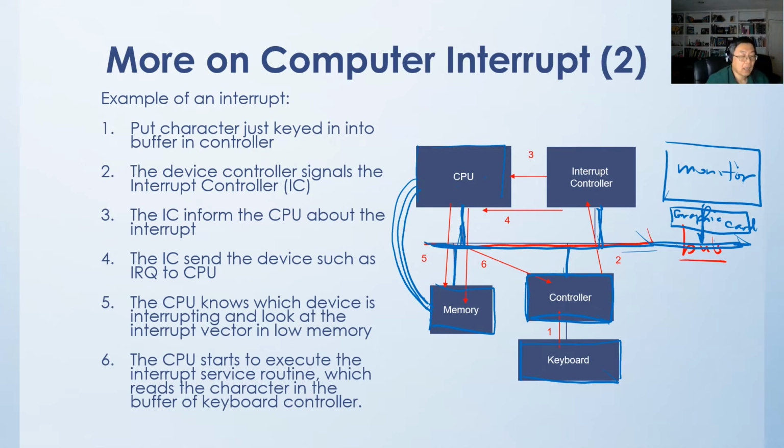Now, how does the computer system work? Let's take a look. Let me switch the color back to red. Suppose I want to type some text message. So I press the keyboard, I type a character A. The character A will be sent to something called a buffer area in the keyboard controller.